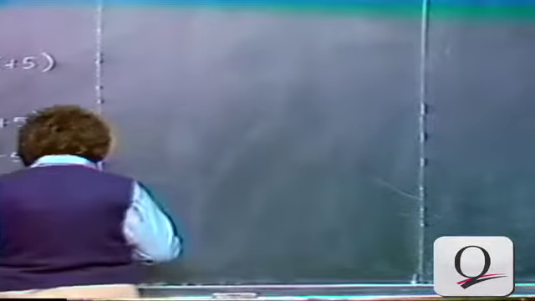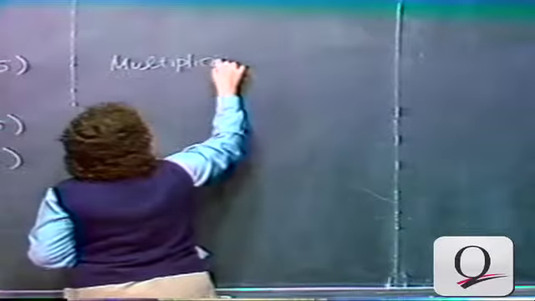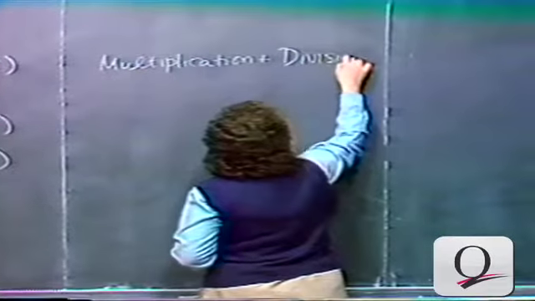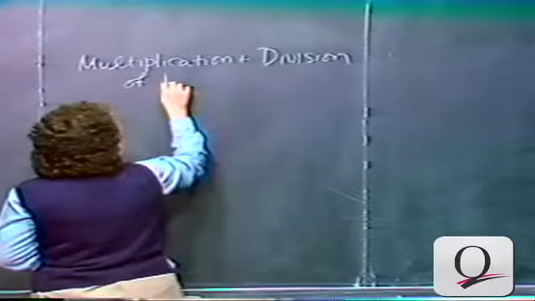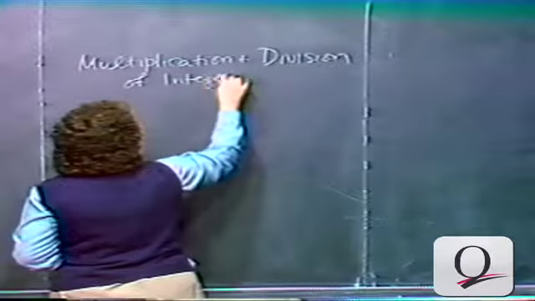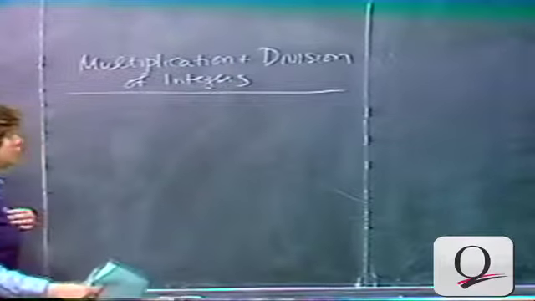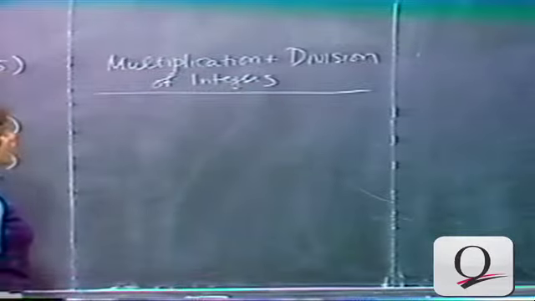All right, now let's study multiplication and division of signed numbers. I'm stating the rules now for integers because we're really not working with fractions yet, but the same rules will apply for any signed numbers.